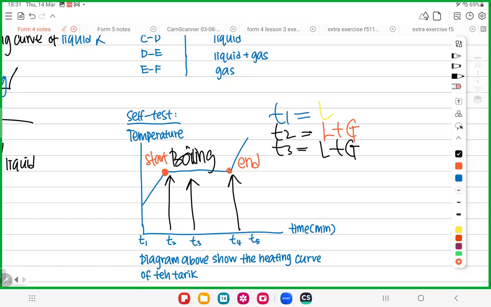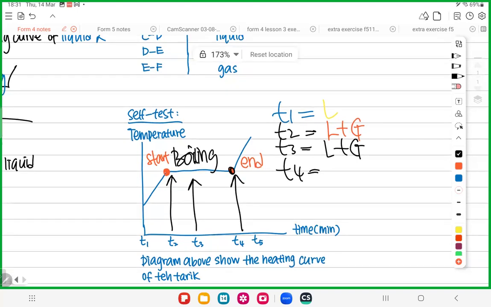Okay, guys, tell me T4. At T4, what will you get? Only gas. Why? Because T4 is already here. The boiling starts here, the boiling finishes here. So at T4, the boiling has already finished.